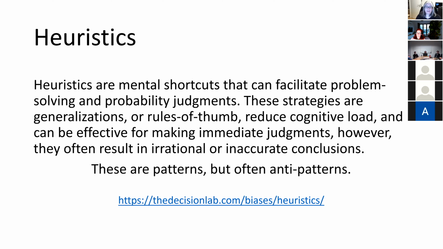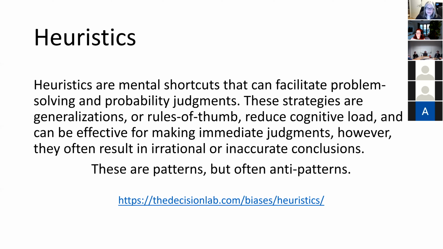So just the fact that you have a brainstem that controls automatic responses like breathing and heart rate, those kinds of things happen automatically. There's a slightly higher level of automatic responses and automatic heuristics that happen. These are shortcuts that actually facilitate problem solving, but because they're generalizations, they reduce cognitive load.